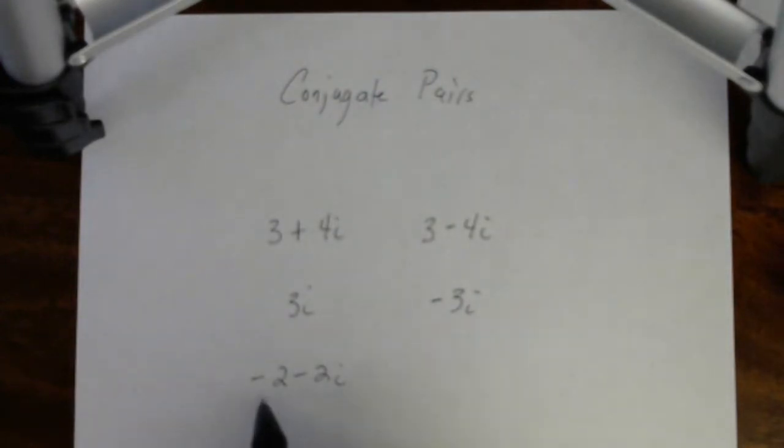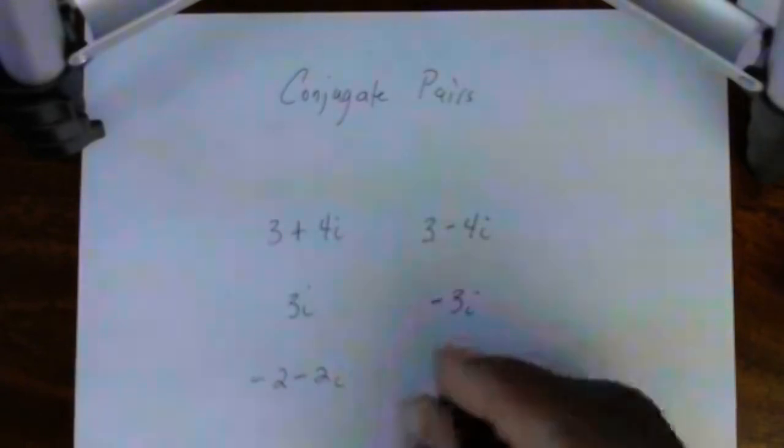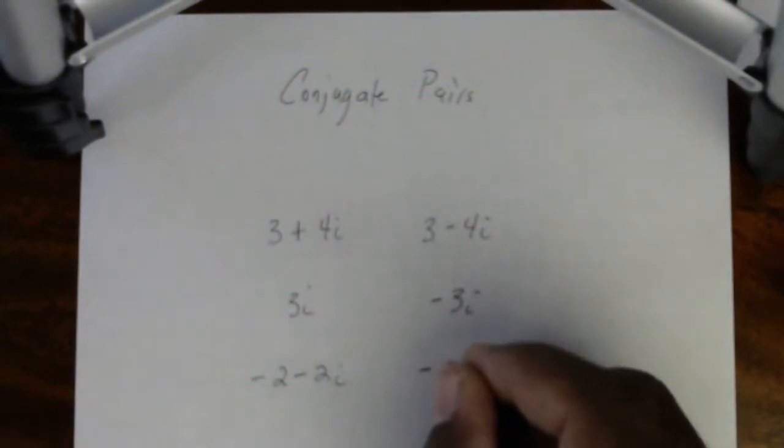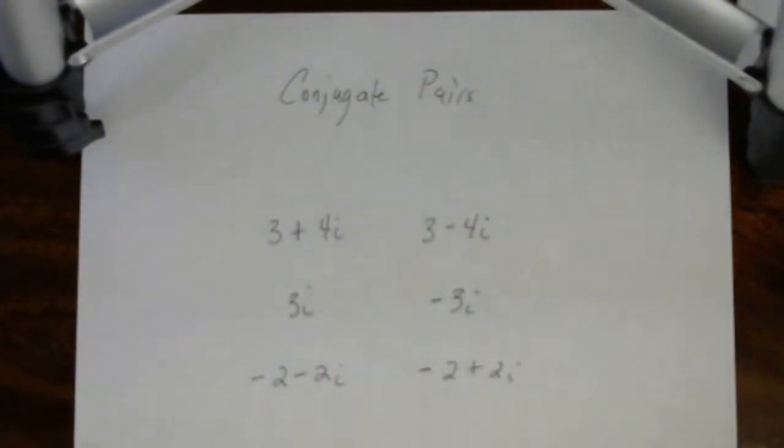And then for this last example, negative 2 minus 2i, its conjugate would be negative 2 plus 2i. We leave the sign of the real part alone. We simply change the sign of the imaginary unit. All right, so those are conjugate pairs.